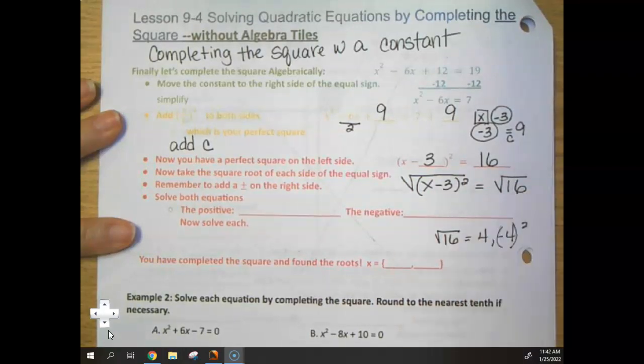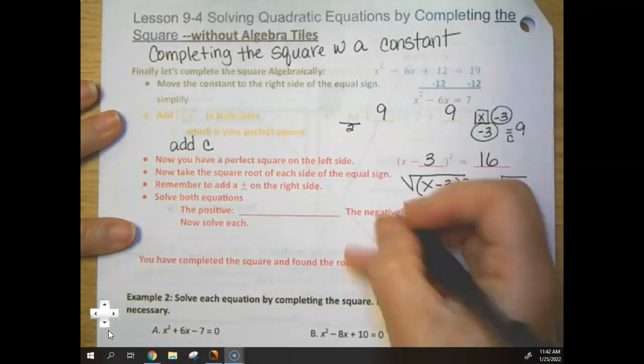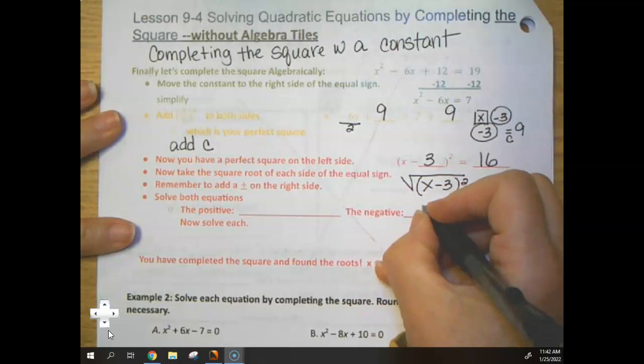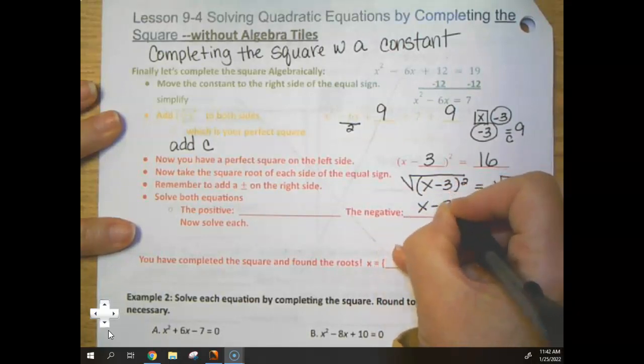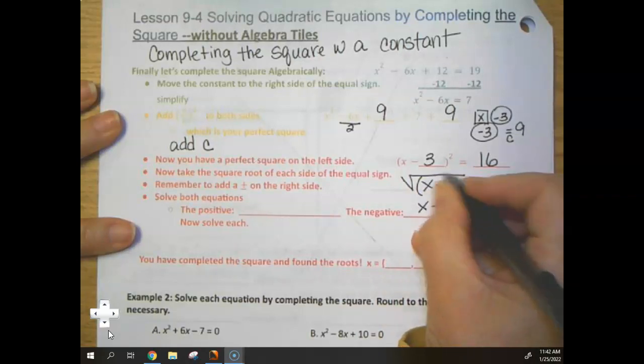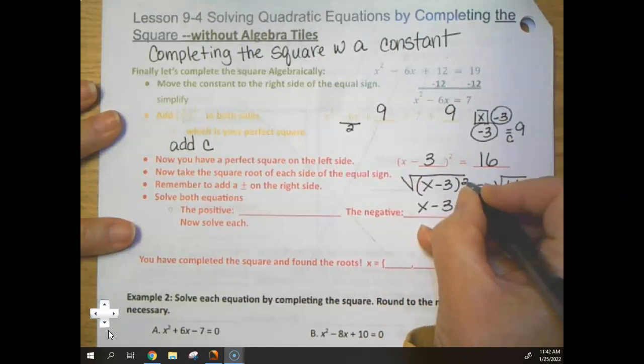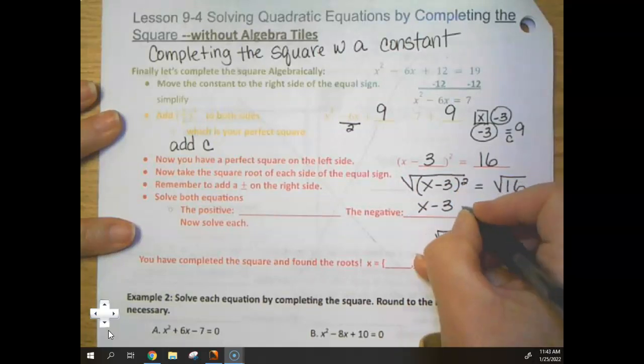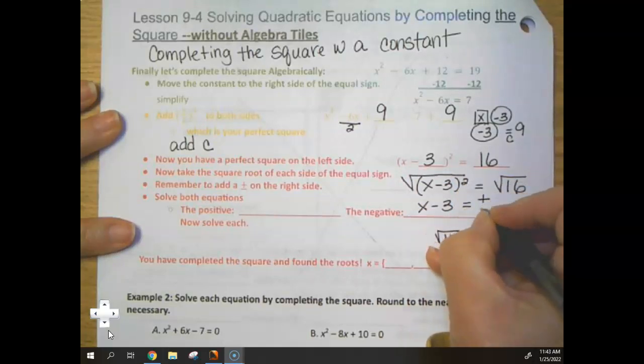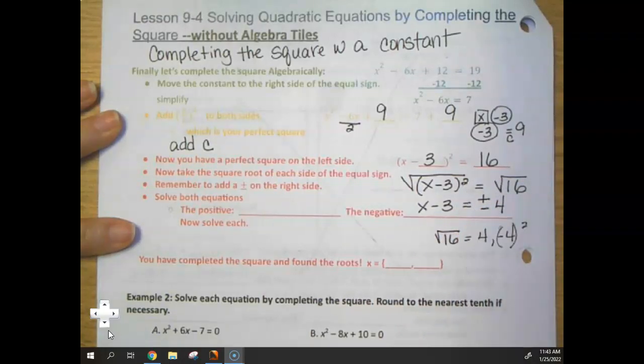So when I do what I'm getting ready to do, you're going to understand it better. I end up with x minus 3, because taking the square root of something squared just releases the squared, is equal to plus or minus 4.